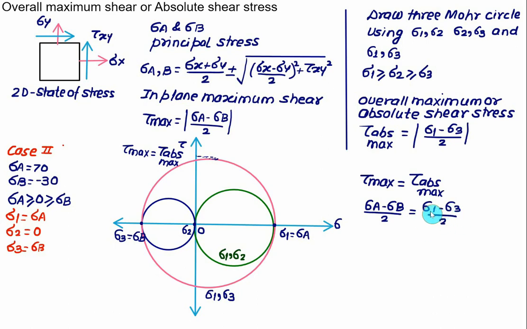And this time we have sigma 1 equal to sigma A and sigma 3 equal to sigma B. So this one is a special case in which, if one value is positive and one value is negative, then the in-plane maximum shear is equal to the absolute shear stress.